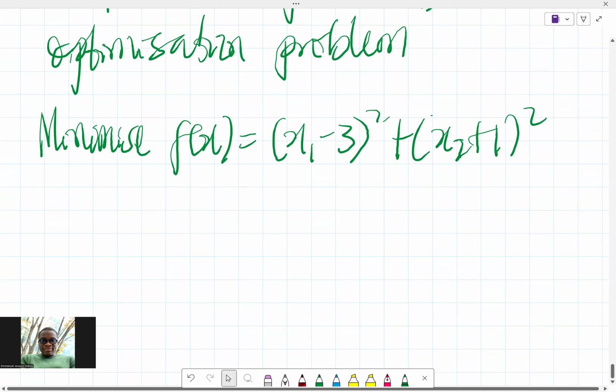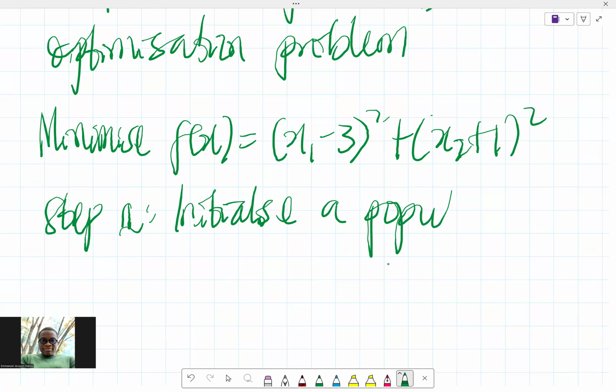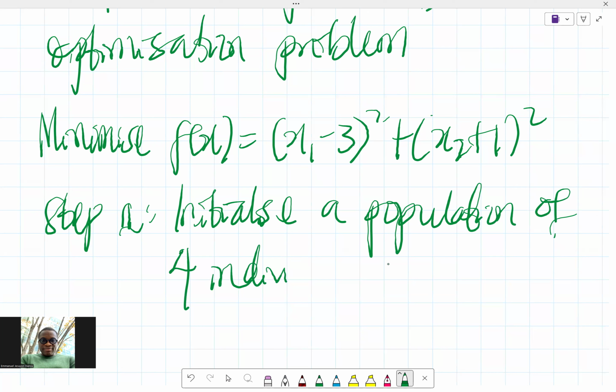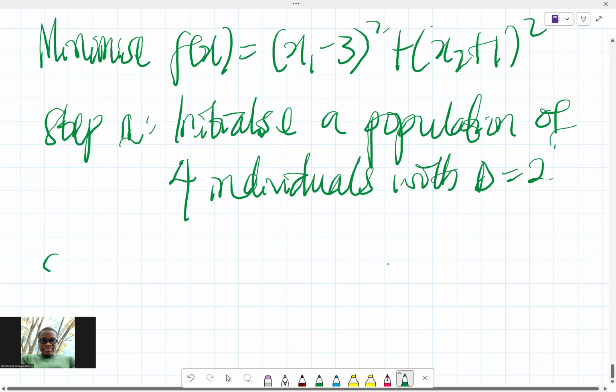So step 1, like we always do, initialize a population of 4 individuals, just like we did before, with D equals 2, of course, we have x1 and x2, so just two variables clearly. That's step one.